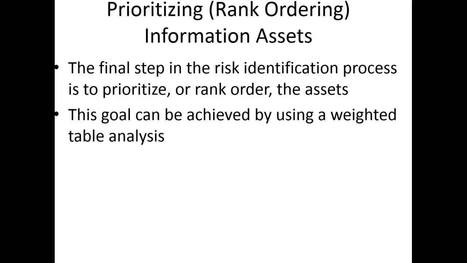The final step in the risk identification process is to prioritize or rank the assets. This can be achieved by using a weighted table analysis, similar to the sample asset classification scheme. In this process, each information asset is listed in the first column.